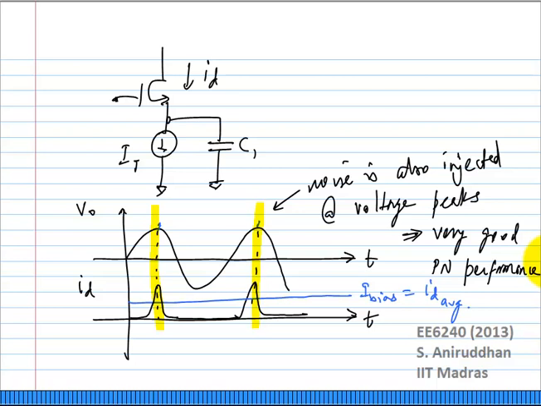What is the drawback with such an oscillator? Can you think of any drawback? Well, the most important drawback is that it does not give differential outputs. If you look at most modern IC based circuits, you try as much as possible to implement differential circuits because you are sensitive to so many things which are feeding in from the substrate or from the supply or from the ground, right?